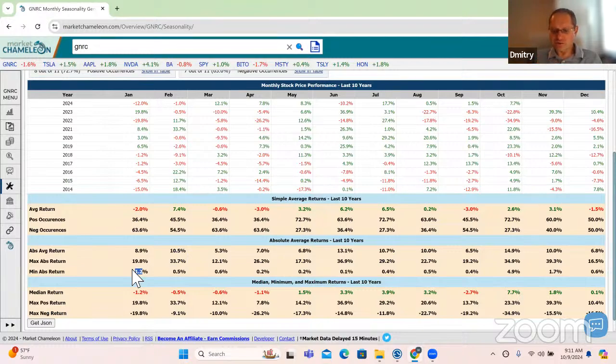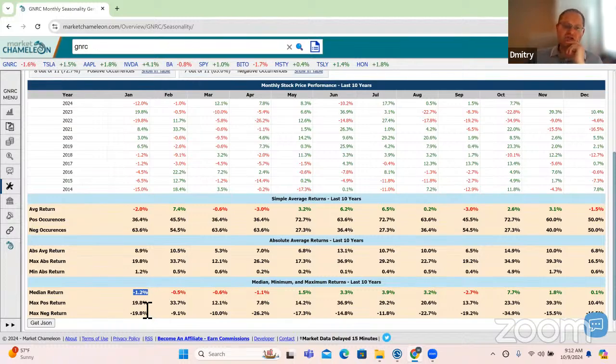The median move tells us that half the observations were below this percentage return and half above. This lets us compare the median versus the average to see if there's a skew. Well, we see that the median move was negative 1.2%. Half of the observations were better than that, half were below. So the median was also negative, confirming that there's some negative impact historically in the month of January.